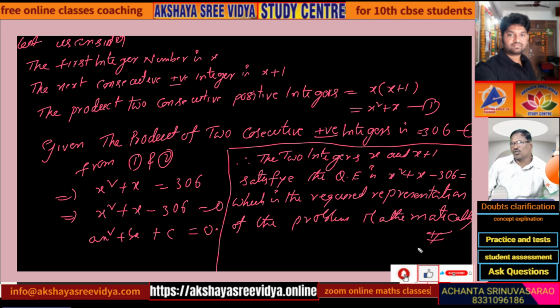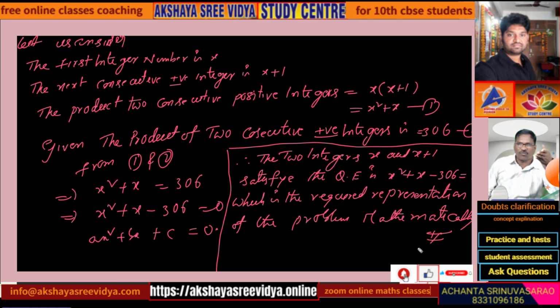The product of two consecutive positive integers means, let us consider x and x plus 1. So the product means x into x plus 1. X into x is x square. X into 1 is x. Therefore, x square plus x. Given the product of two consecutive integers is 306, so both are equal. Therefore, x square plus x is equal to 306, so x square plus x minus 306 is equal to 0.